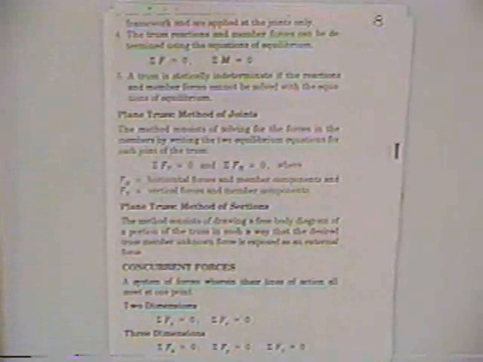Now, one of the interesting things you find in here that really seems to be left out is frames, and I believe the reason they left frames out of this information is because it is nothing but statics.